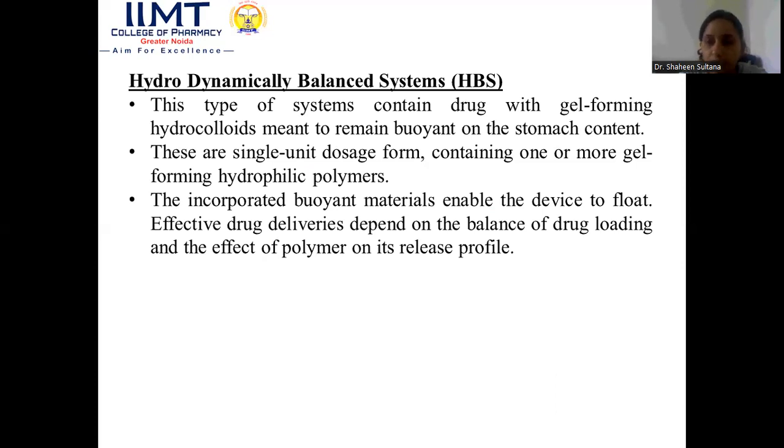They are usually prepared with a combination of polymers. The incorporated floating materials enable the device to float for a long period of time, like more than 12 hours or 24 hours. Such effective drug delivery depends upon the balance of drug loading and the effect of a polymer on its release profile.